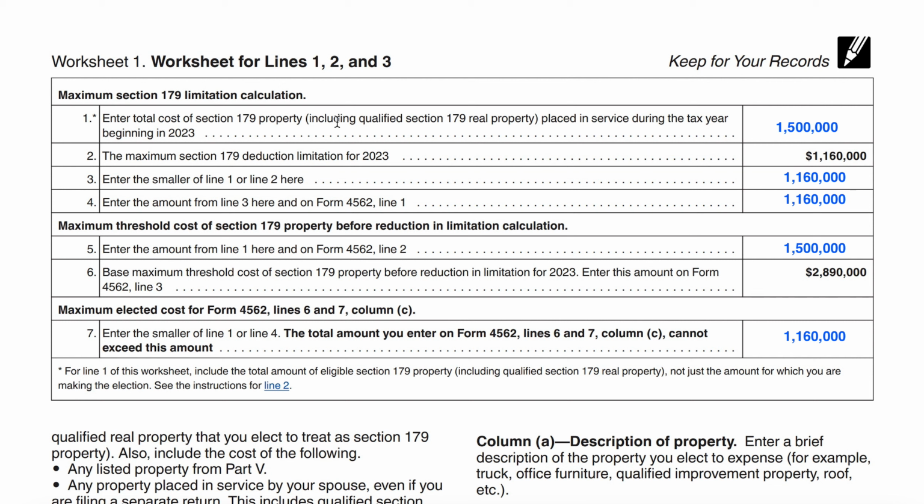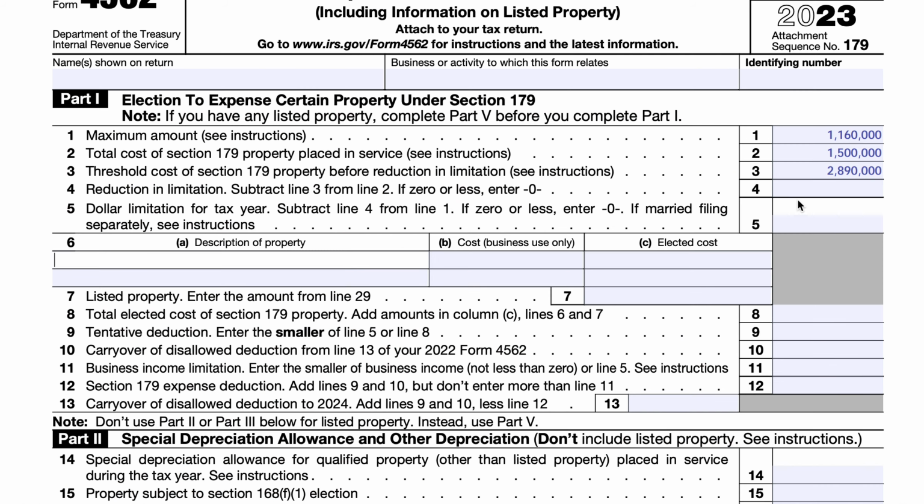For people completing their tax returns for 2023, that Section 179 limitation is $1,160,000. So in this scenario, we placed $1.5 million worth of property into service. We take the lesser of that or the deduction limitation, and then we put that amount on line 1. So that's the maximum amount that we would be able to expense in this situation.